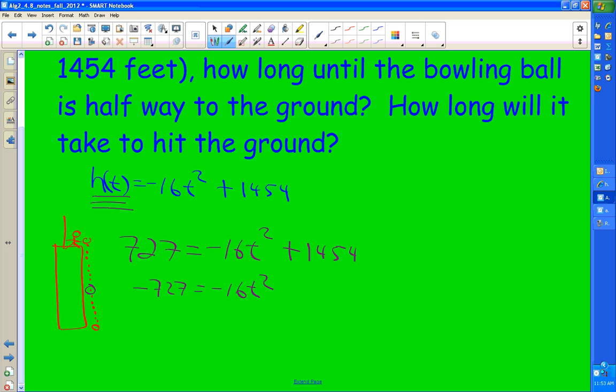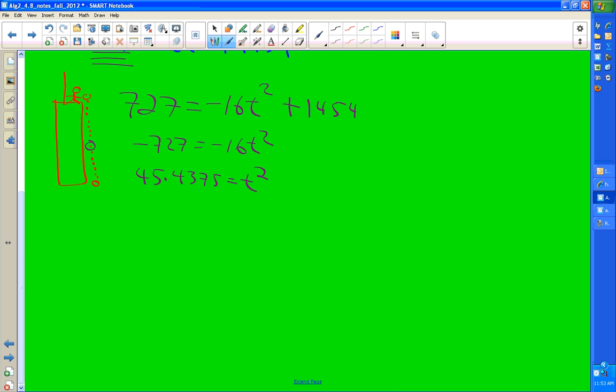Negative 727 divided by negative 16 is 45.4375, and that's going to be equal to t squared. In order to find out what t is, you square root both sides. And you get plus or minus 6.741 if we round to 3 decimal places for t.